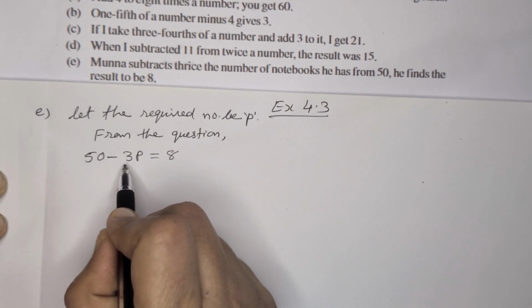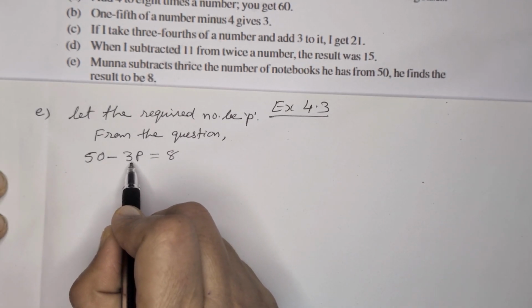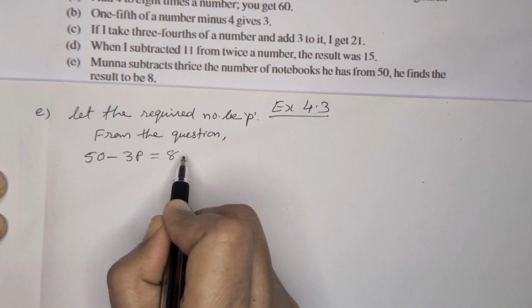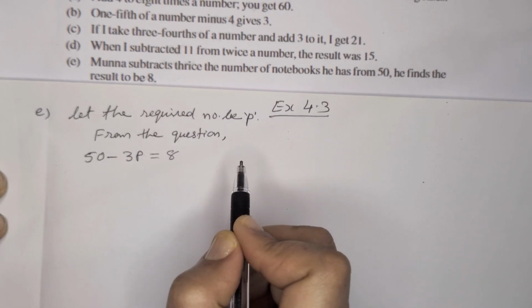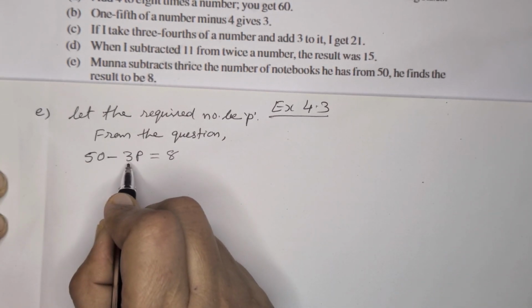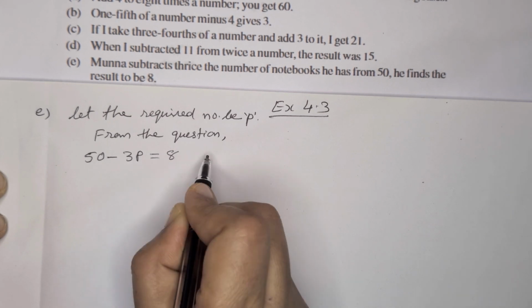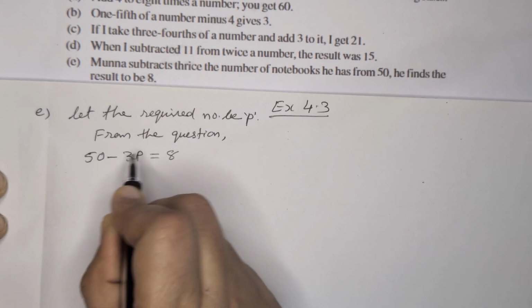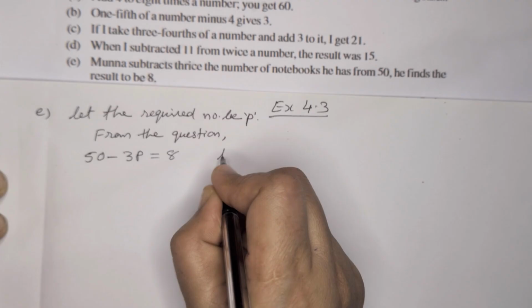So first we can move this 3P to the other side and 8 to the left side. To avoid the negative sign, we can transpose minus 3P to the RHS and 8 to the LHS.